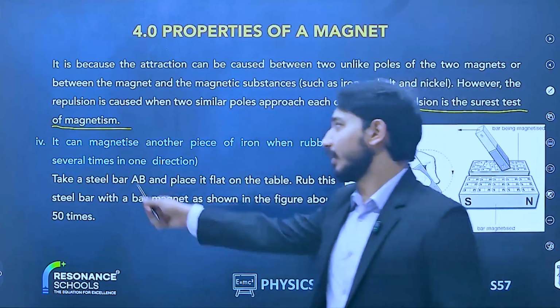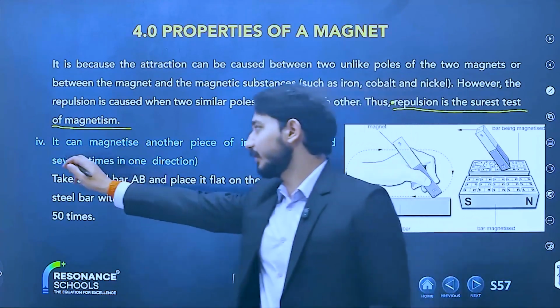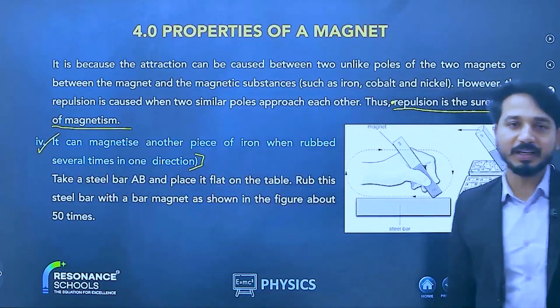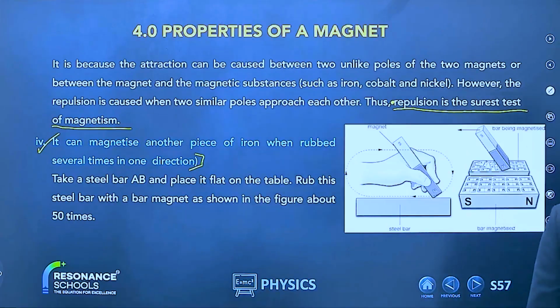After that, you will write the fourth point, which we have studied just now: it can magnetize another piece of iron when rubbed several times in one direction. I request you all to take a screenshot and write it later. That will be much better for everyone. Then only we will finish this property and come to the next part.